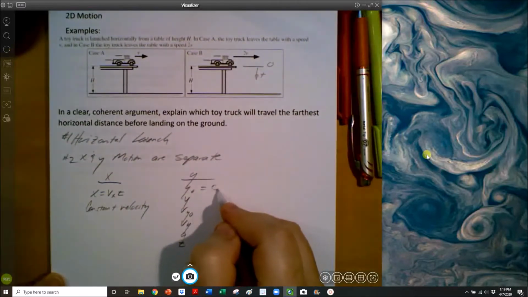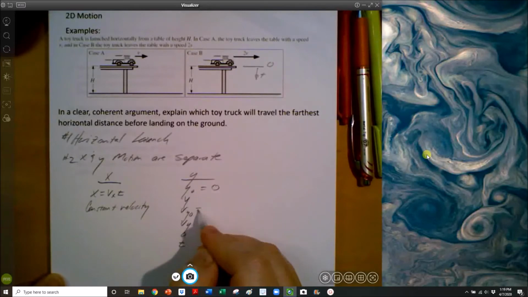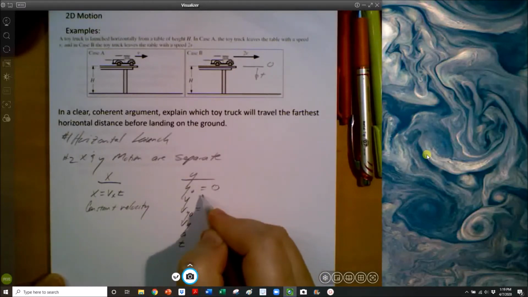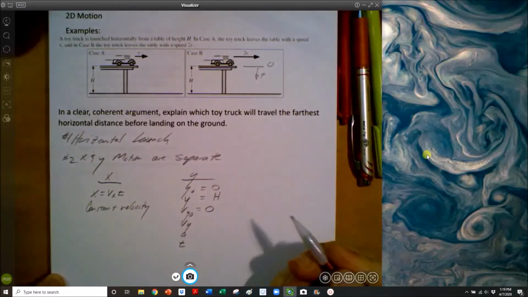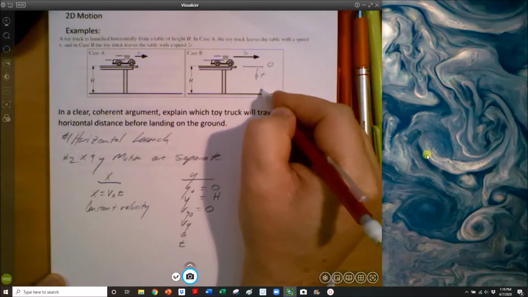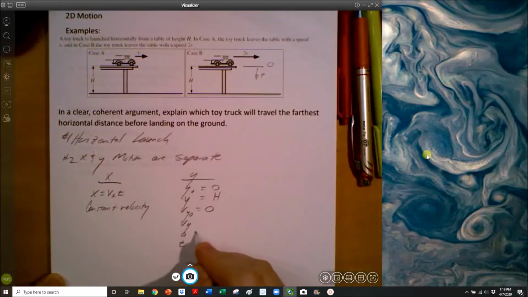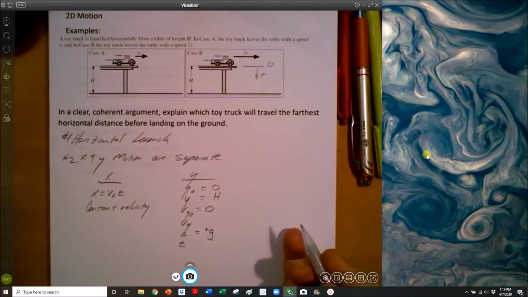And so they both start with 0 position and a 0 initial velocity. They're both going to land at a height of h. They're going to move downward h, positive. And they both have an acceleration of g, which is positive since down is positive.